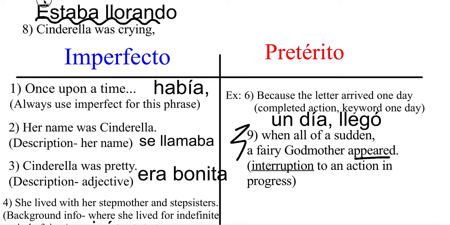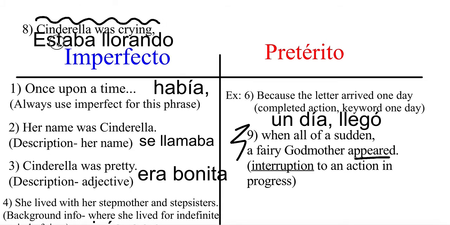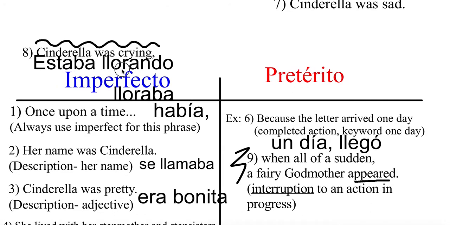That's the imperfect. Remember we did present progressive a while back. You can make that same idea of the ing, but in the past, just by making the estar in the imperfect tense. You can also say lloraba. Both of them are pretty much the same idea. So estaba llorando or lloraba, that's your imperfect part of the sentence.